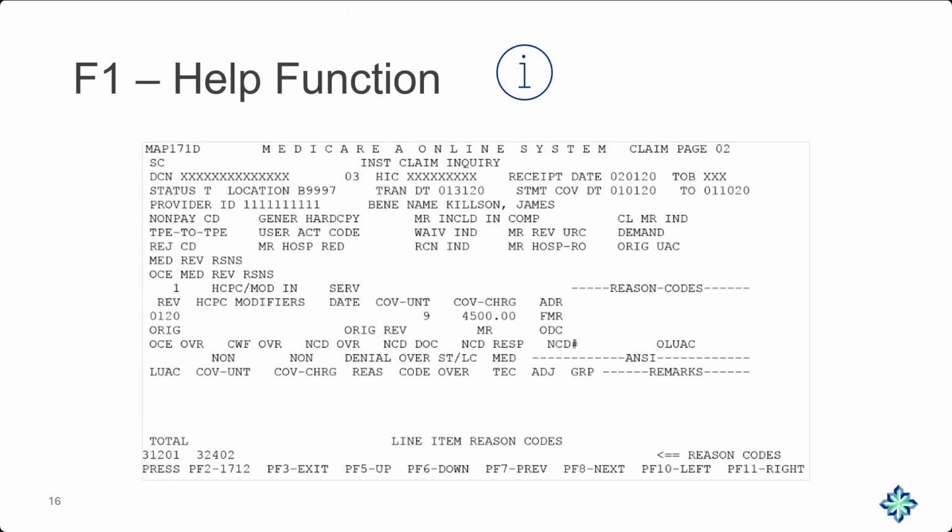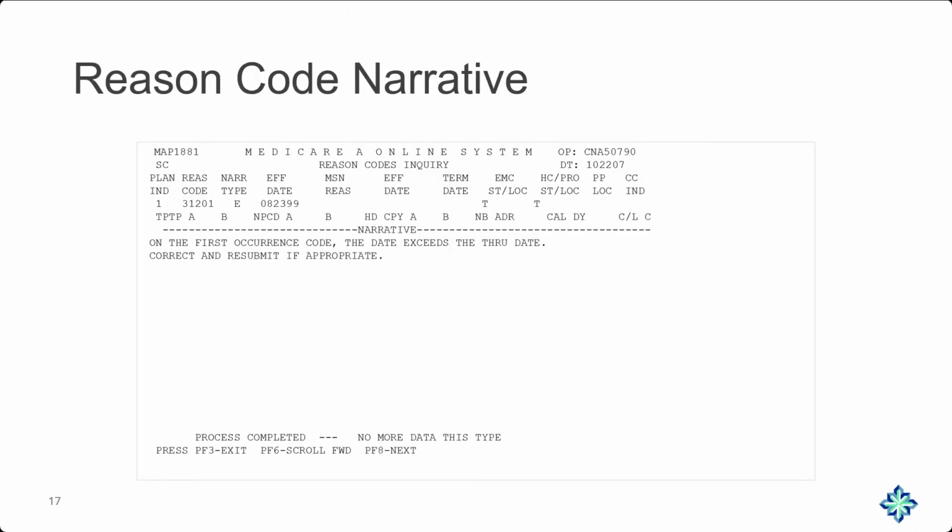So if you're on this screen and you hit F1, it will give you an explanation of what that reason code means. But then I can also put my cursor in the first position of a second or a subsequent reason code, press F1, and then it would give me the narrative for the 32402.